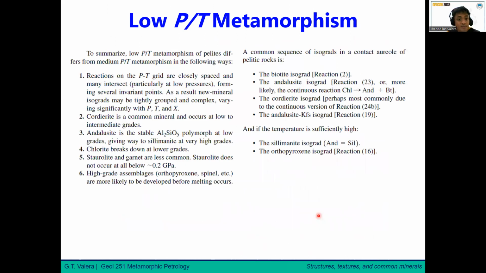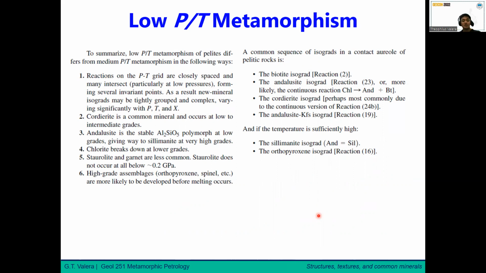Okay. So low PT, to summarize, low PT metamorphism of pelites differ from medium PT in the following ways. The reactions on the PT grid are closely spaced and many intersect, forming several invariant points. As a result, new mineral isograds may be tightly grouped and complex, varying significantly with P, T, and X. Cordierite is a common mineral and occurs at low to intermediate grades sa low pressure.